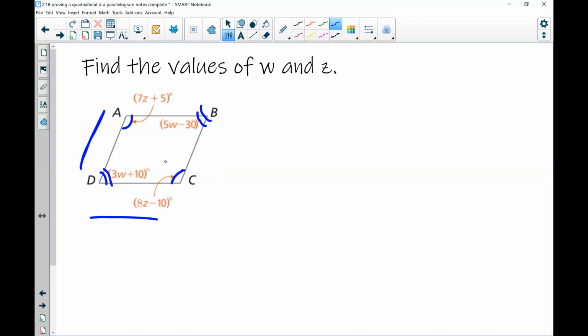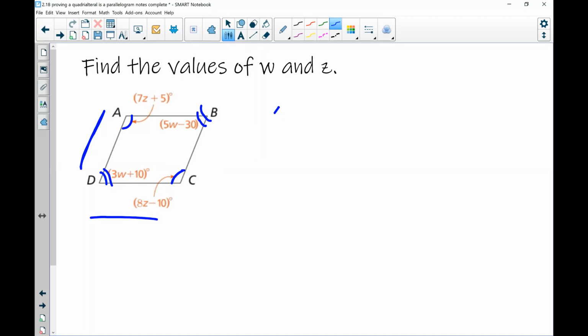Use your opposite angles, okay? And we can do the opposite angles here because they've given us all 4 of the angles, but sometimes they're only going to give you 3. And so then you're going to have to say, okay, I'm going to have to prove my opposite angles are congruent, and then I do my consecutive angles up to 180. But since they've given us all 4, don't make yourself work harder than you have to.